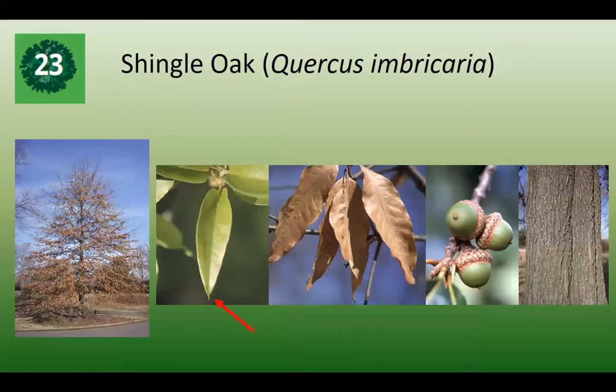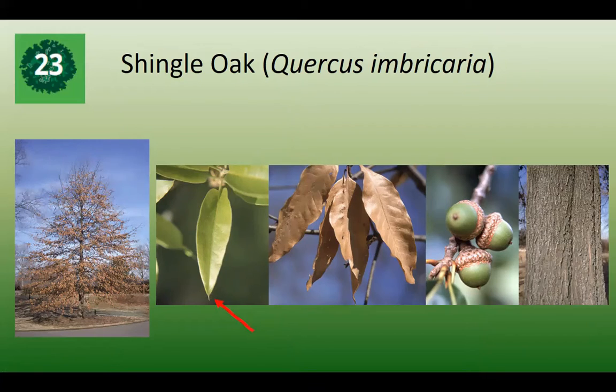There it is. And you can see in the winter, it's easy to find them hanging on the tree still, protecting those buds. And again, I'd like you to notice the shape of these acorns. They don't look anything like the white acorn. They come out straight, almost as though they're a dome rather than an oval.